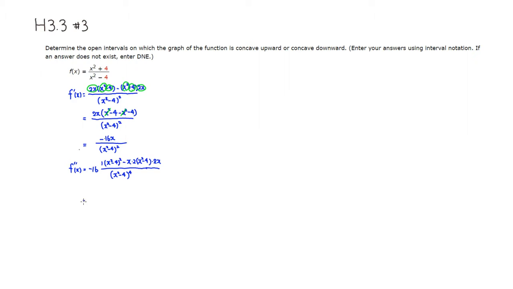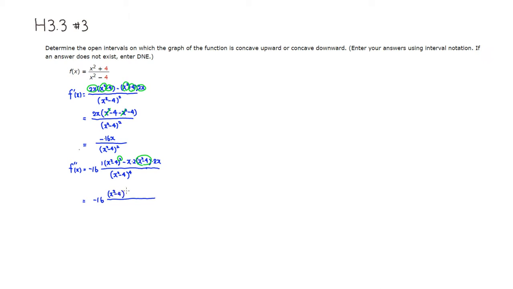And then we have to pull out the common factor. Negative 16 is already there. The common factor would be x squared minus 4, and we have 2 of those, so I'll circle that so that I know that there's another one. So we have a quantity x squared minus 4.